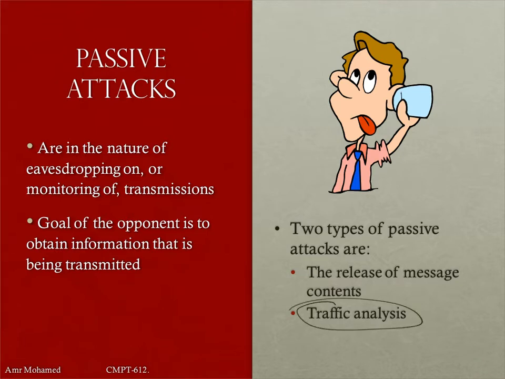passive attacks are done for traffic analysis. In traffic analysis, I'm not getting any exposed data, but I can actually get some properties of the communication. For example, just by the fact that you use fixed packets during the communication, that gives me some piece of information.